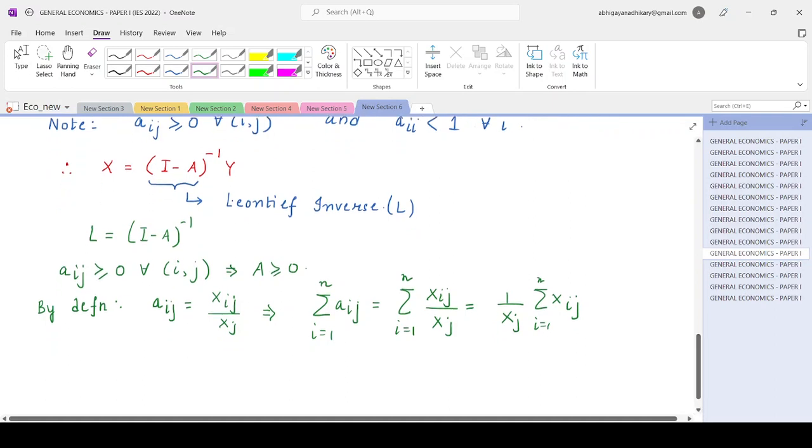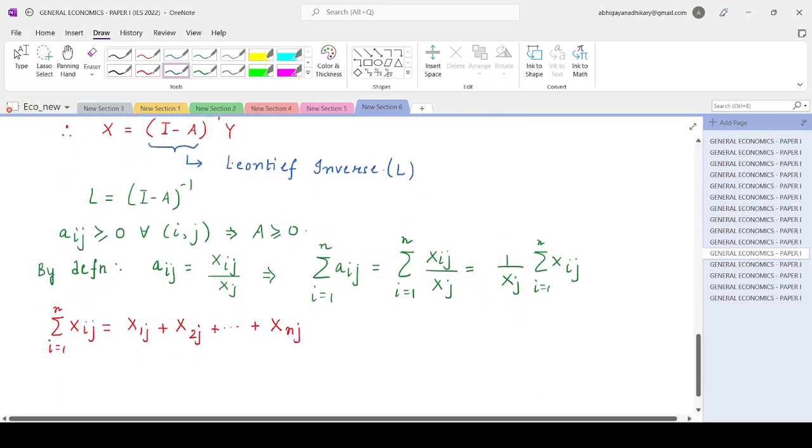Perfect. Now note one thing. What is summation i running from 1 to n of xij? It's basically x1j plus x2j plus so on till xnj.